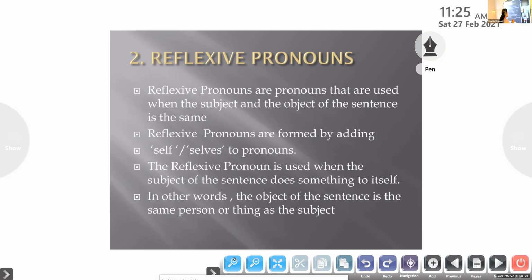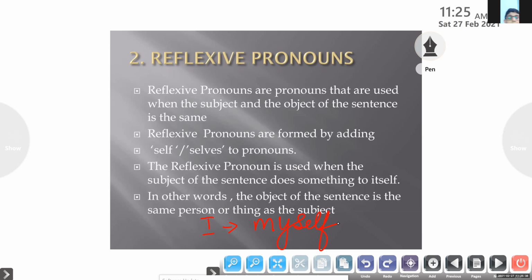For I, what is the reflexive pronoun, children? For I, the reflexive pronoun is myself. Is that clear?